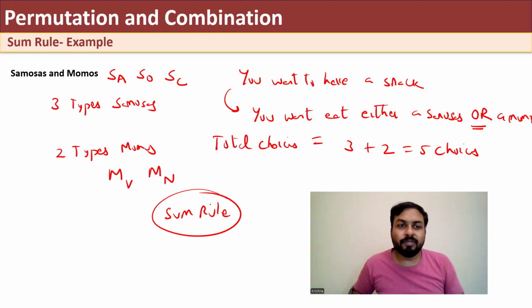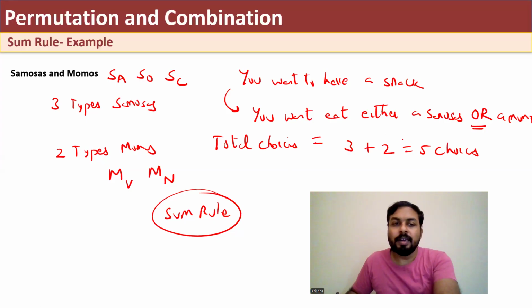I'll give you the definition of sum rule, but this is a small example where you can apply it. There are three types of samosas and two types of momos, and you want to have a snack, and the total choices you have is 3 plus 2, 5, because you want to have either a samosa or a momo.